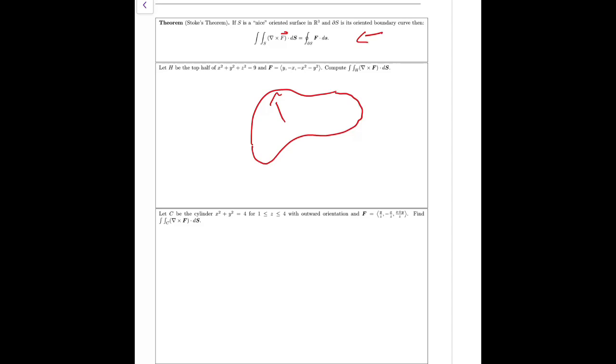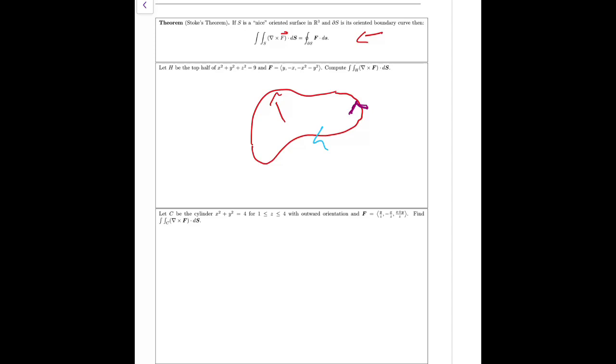Well, it's going to be similar to what we talked about with Green's theorem to determine what the direction of the curve is. Okay, so when we look at this boundary curve, it could have the counterclockwise orientation, or it could have the clockwise orientation.